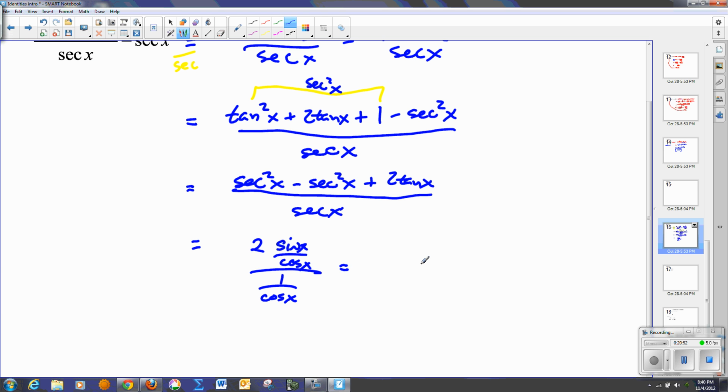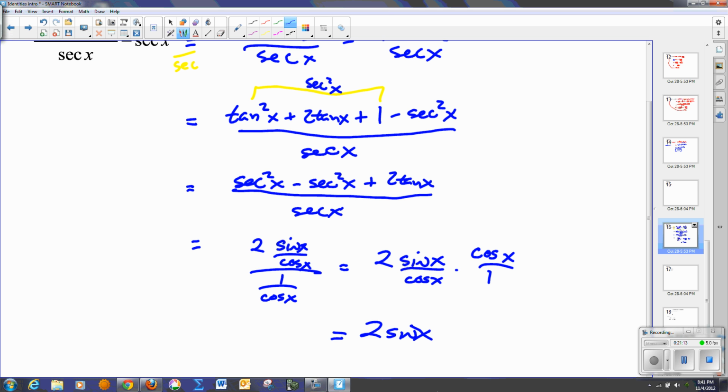Multiplied by the reciprocal, I get 2 sine x over cosine x times cosine x over 1. Thus, this all reduces to 2 sine of x.